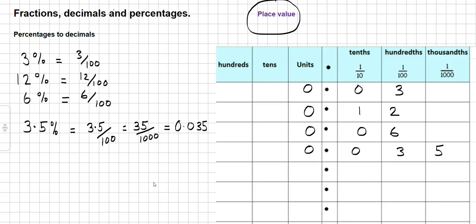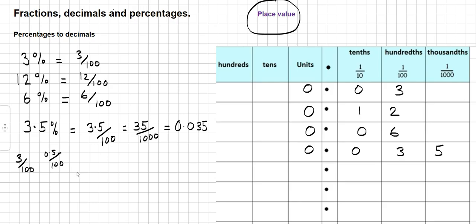Now let's think about this a bit more. Going back to how it was here, 3.5% is like saying 3 out of 100, and then another half of a 100th. Half of a 100th. So it's got to be less than a 100th. So it's got to be moving into the thousandth column.